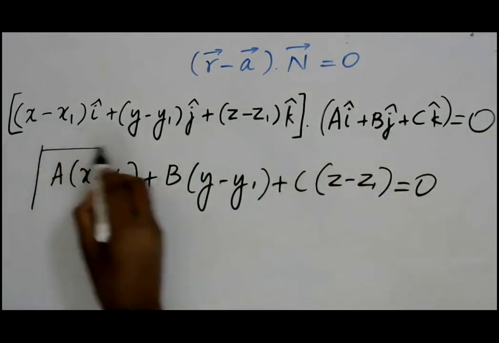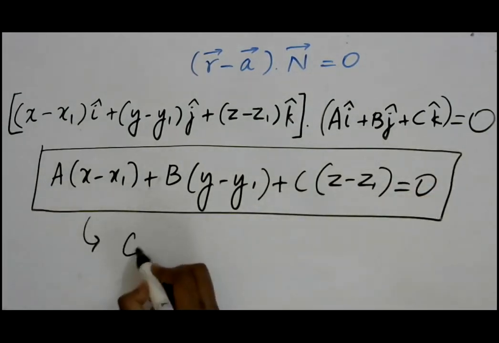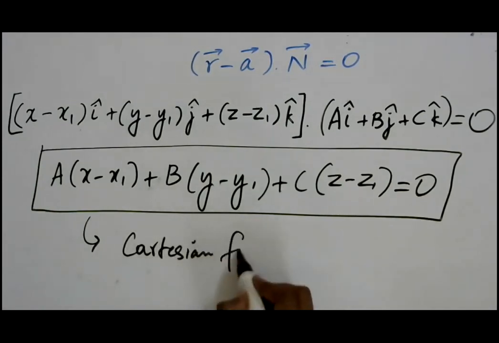So this expression we have here is the Cartesian form of the equation of the plane, where we are given the normal vector and a point through which the plane is passing.